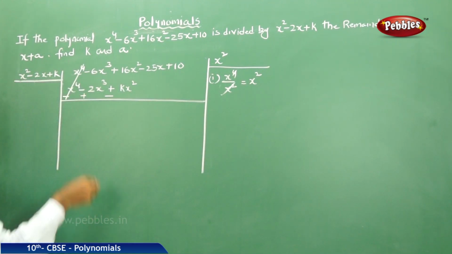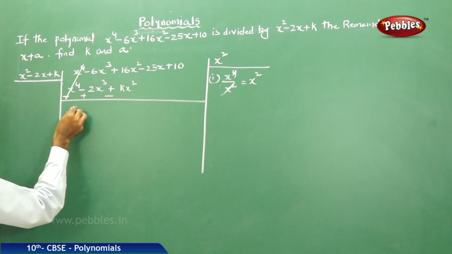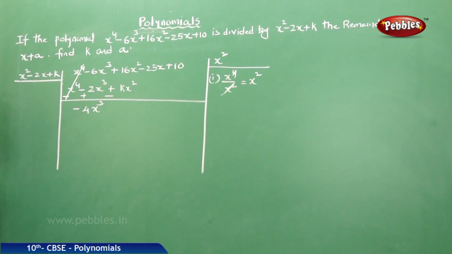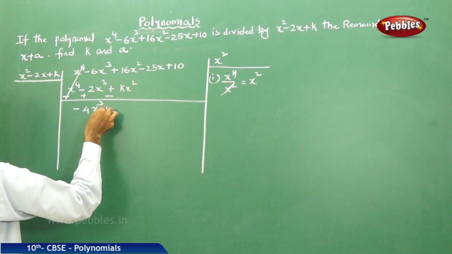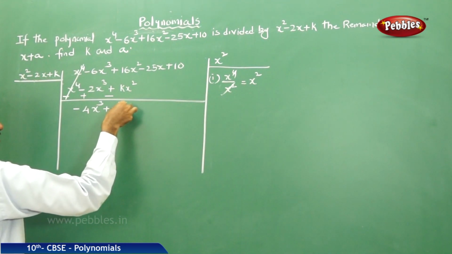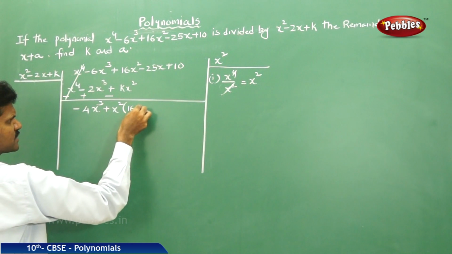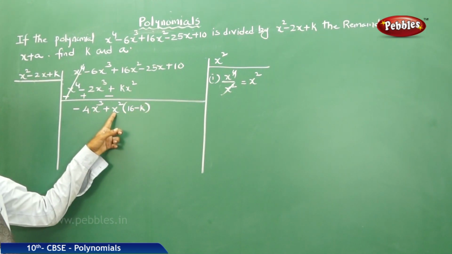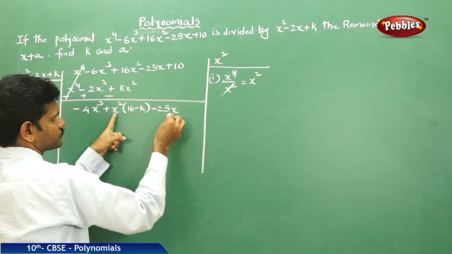Now -6x^3 plus 2x^3 is nothing but -4x^3. From these two, take x^2 common: 16 minus k is left with x^2. Now bring down the x part, -25x.